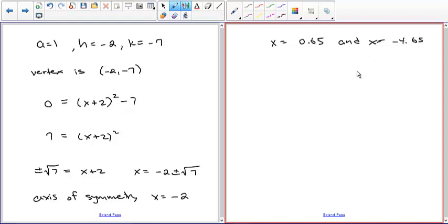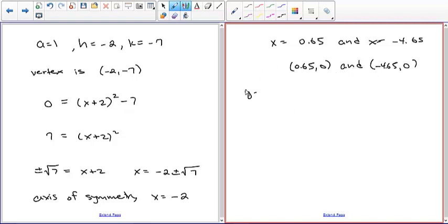Okay, so that's the x-intercepts. It's going to be (0.65, 0) and (-4.65, 0). So those are the actual points.